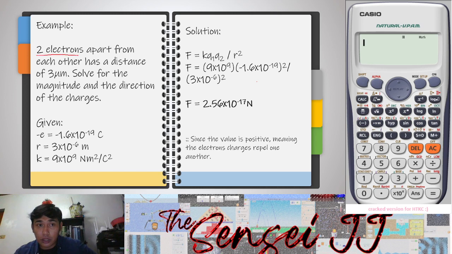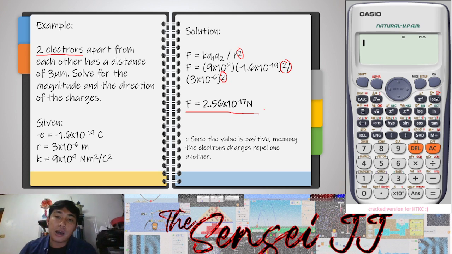We have two electrons, and that's why we give a square. Kung hindi naman, pwede nyo siyang paghiwalayin, two negative 1.6 times 10 raised to negative 19, divided by 3 times 10 raised to negative 6 squared. Square of the charges, that's why we put a square in here. So we have a value of F equivalent to 2.56 times 10 raised to negative 17 newtons.